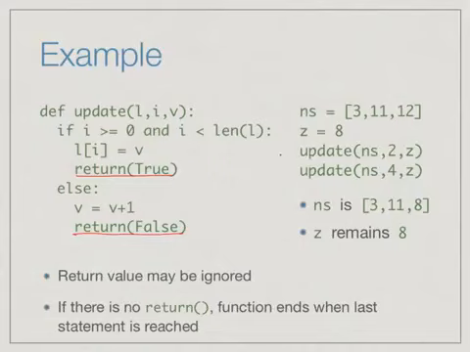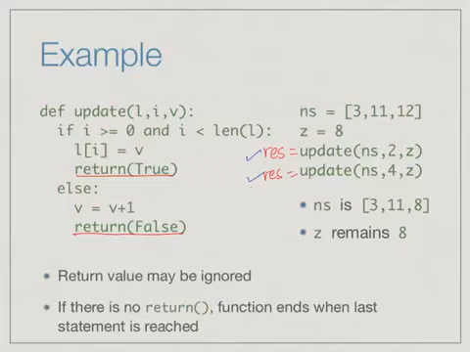So ideally you should have said something like result is equal to update, and then check after the update whether result is true or false, because update will update the list or not depending on whether the index is valid, and it will return true or false depending on whether the update succeeded. So by examining the value of whatever is returned, we can check whether the update we intended worked or not. This is something we would expect, but we have not done it.